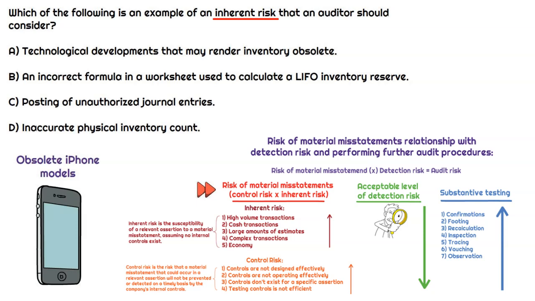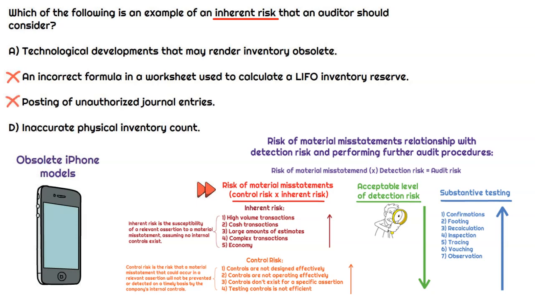So if that fails, that's not an inherent risk, that's a control failure, so that means it's a control risk, right? So that's why that option is incorrect. How about posting of unauthorized journal entries? Again, the company could put a control in place so that journal entries are properly authorized before they are posted. So that is a risk that can be addressed by controls. So that is a control risk and not an inherent risk.